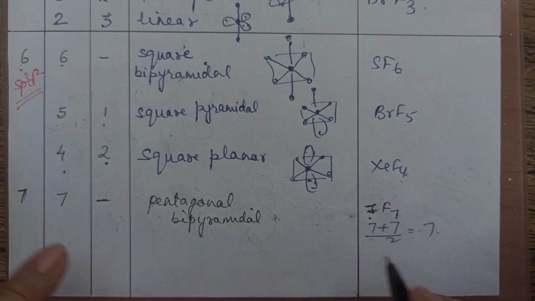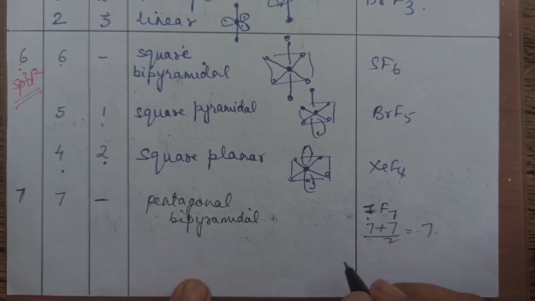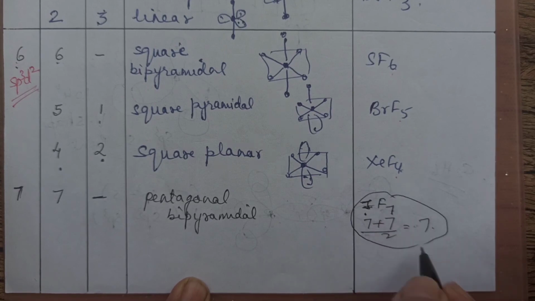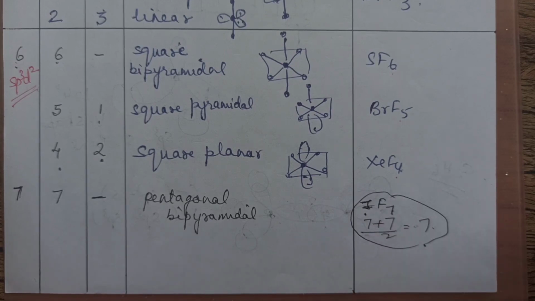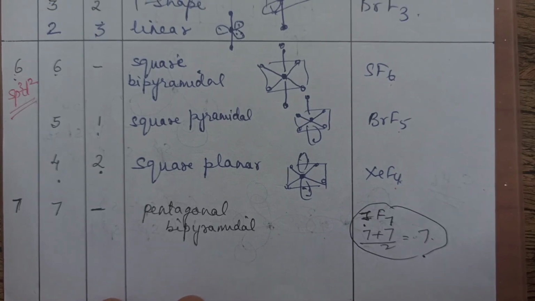No lone pair. It is a regular geometry, pentagonal bipyramidal, that we have already discussed in the previous part of this video. Clear? So please pause in between and note down all these examples, and you can calculate the hybridization of any example given to you on your own also.